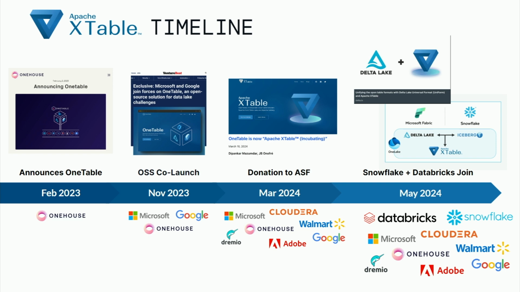Now on board inside the initial PMC, mentors, users and collaborators, we also have folks like Cloudera, Walmart, Dremio, Adobe, alongside the original three. Folks likely know what open source projects are, but some folks aren't aware of the governance structures that the Apache Software Foundation adds to the mix.